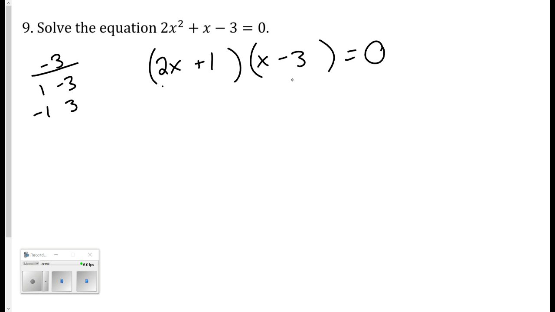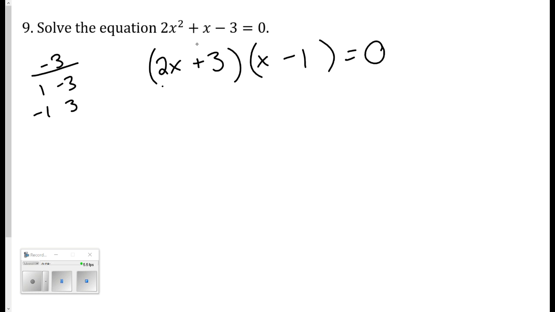I get a negative 6x plus x. That doesn't give me positive 1. What if I do plus 3 minus 1? 3x minus 2x, that's what I want. Because 3x and negative 2x give me the x that I need.